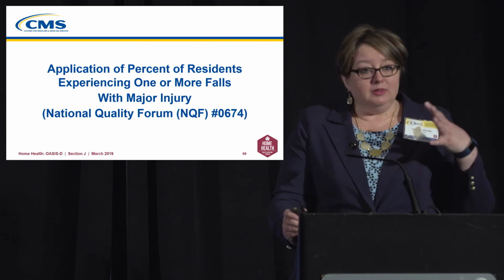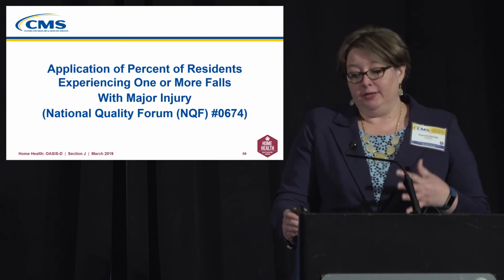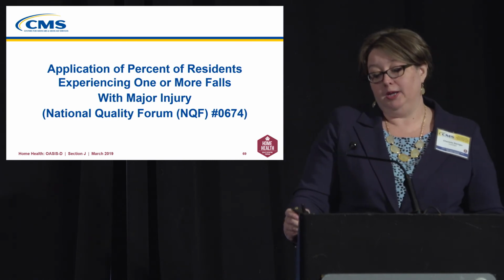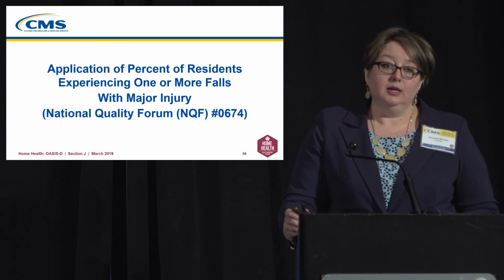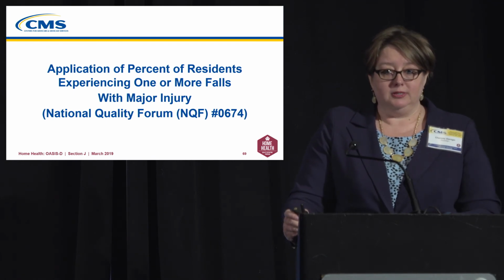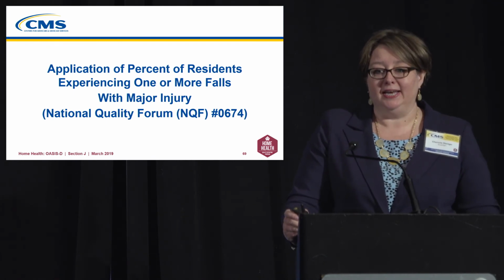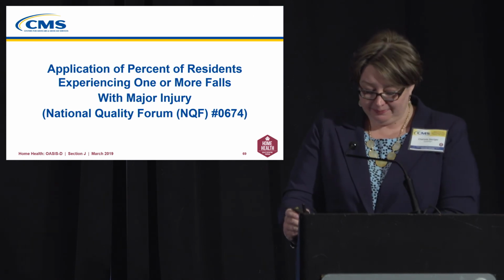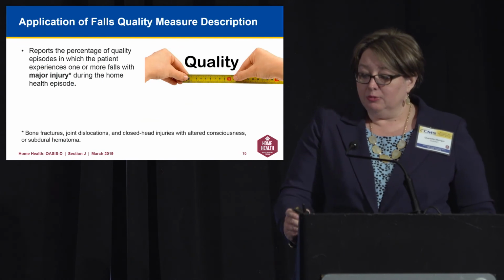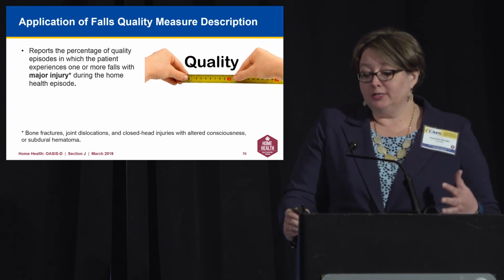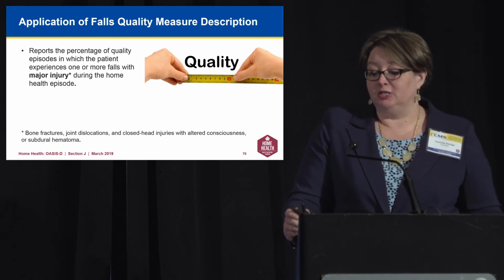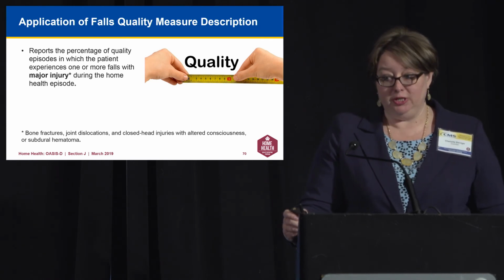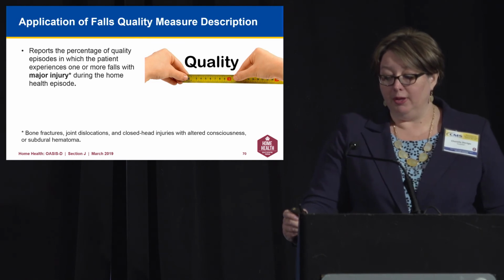So the last part I want to talk about is the application of percent of residents experiencing one or more falls with major injury. This is from the National Quality Forum, and this is where we really want to focus when we're talking about what this data is going to look like after we start getting it reported, right? This description reports the percentage of quality episodes in which the patient experiences one or more falls with major injury during the home health episode.